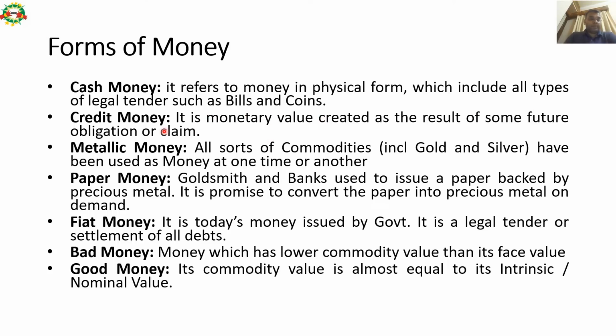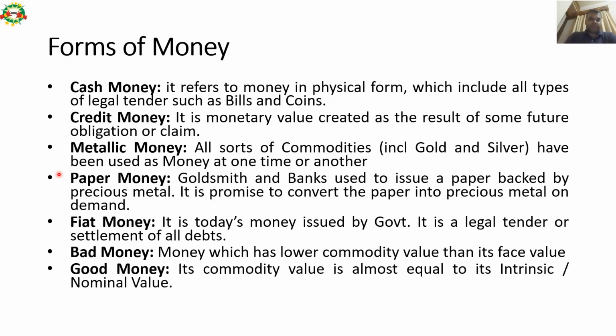Second form of money is credit money. It is monetary value created as the result of some future obligation or claim. So if I have given you a loan, you owe that money to me. That future obligation is credit money, basically.